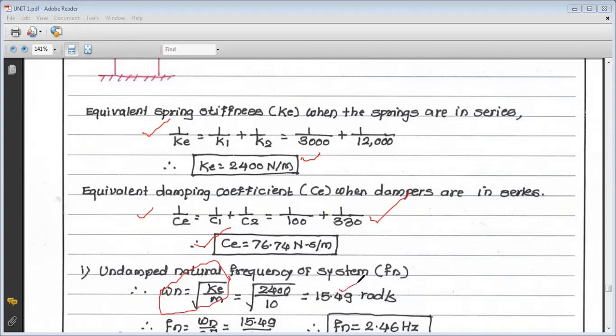The circular natural frequency omega n becomes 15.49. And the natural frequency Fn equals omega n upon 2 pi, so 15.49 upon 2 pi gives Fn as 2.46 Hertz. So this is the first term, the undamped vibration. Now we have to find the damped frequency, that is omega d and Fd.